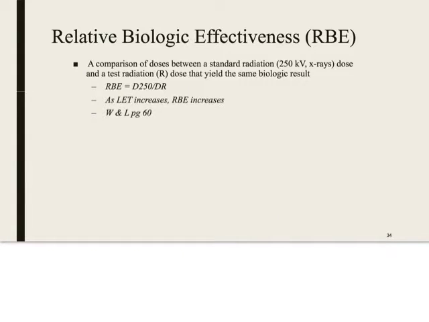All right. So then we can combine that with the relative biologic effectiveness. What this is trying to do is give us an understanding of why we've got these different LETs as it relates to the biology of it. We've talked about it primarily as it relates to the physics of it; this is trying to talk about it as it relates to the biology.